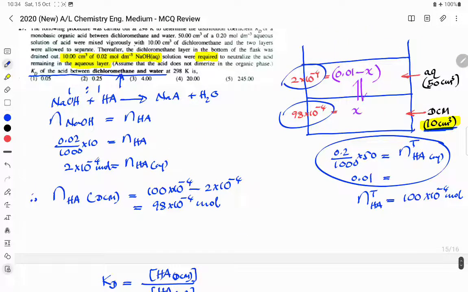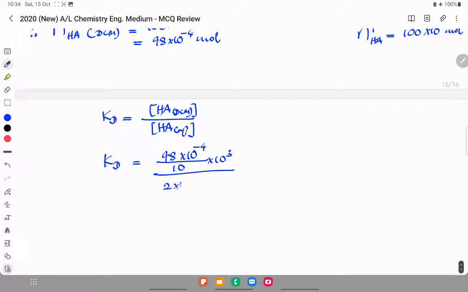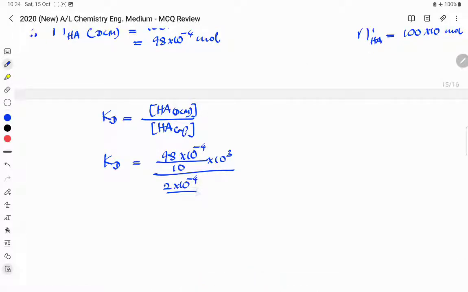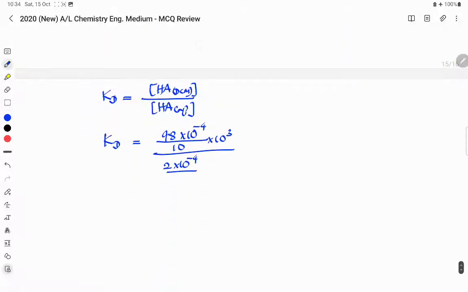Aqueous layer number of moles is 2 × 10^-4, so it will be 2 × 10^-4 divided by the volume, 50. So it's divided by 50 into 1000. Now when we simplify this, the 10^-3 cancels off, this one gets cancelled off, and this will give 49.